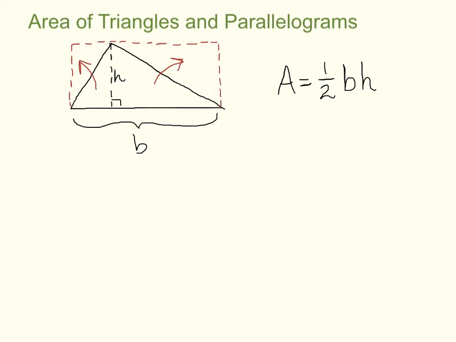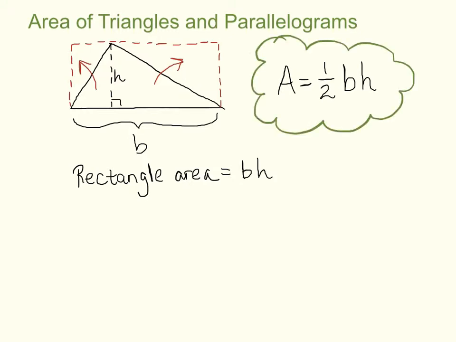And as you know, the area of a rectangle is base times height. So that means that the area of the triangle, just this triangle here, is half the size of that rectangle. And so we get area of a triangle to be 1/2 base times height. And so that's the area of a triangle.